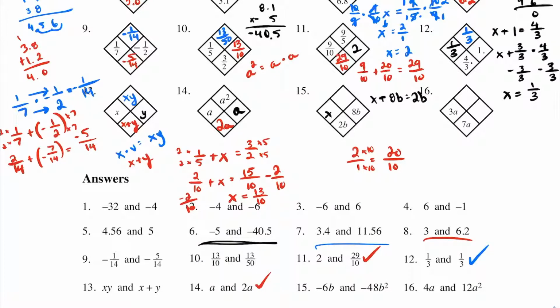To solve for x, I'm going to get rid of this 8b here. So I'm going to subtract 8b from both sides. So I know 2b minus 8b, that's going to be negative 6b. And that's going to be my answer here. So negative 6b.